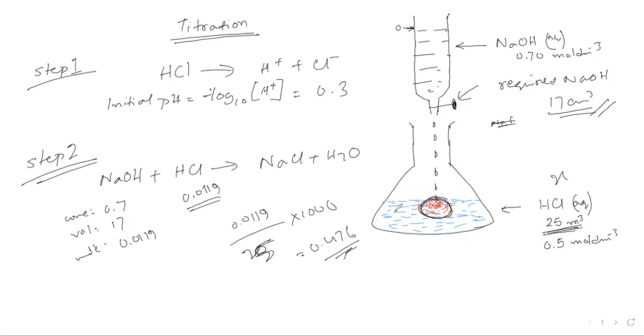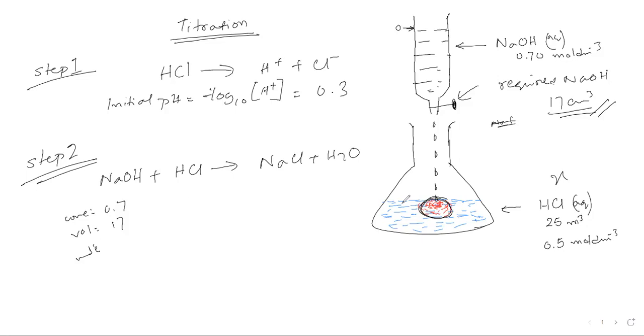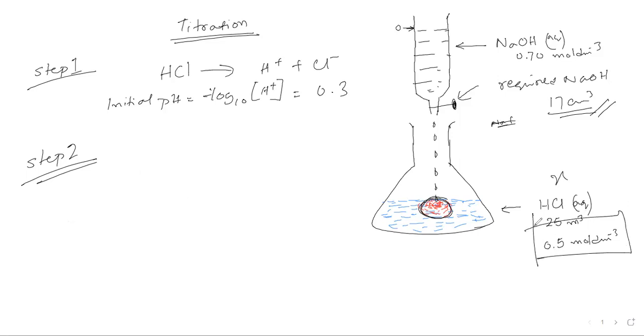Okay, before doing that, there is one more thing we can do. Let's do this part at first, and the other part later. That is the amount of HCl which is there initially, because we already have the concentration for HCl over here, isn't it? So we can directly calculate it.